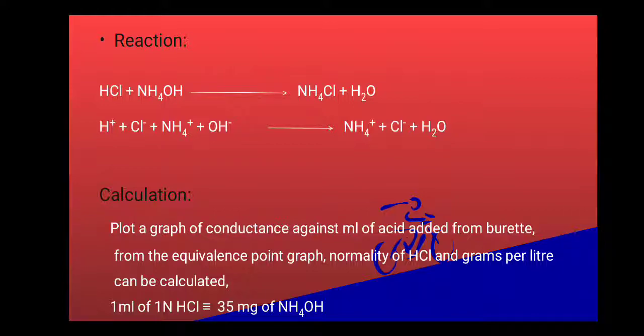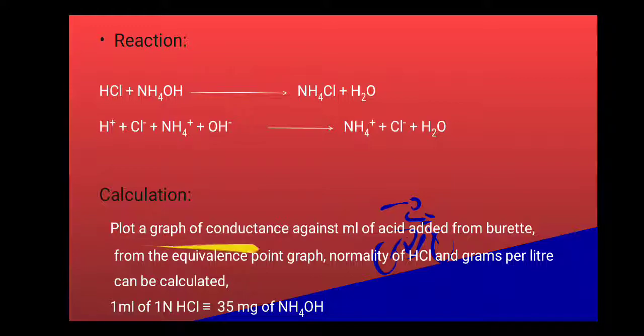And now come to the reaction HCl plus NH4OH. That is, HCl is a strong acid, NH4OH is a weak base, and it forms NH4Cl as a salt. And the ionic form of this reaction is, I think, NH4 plus and Cl minus ions are formed.